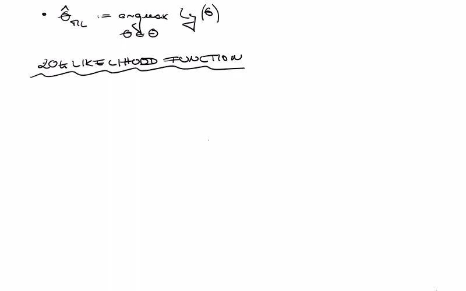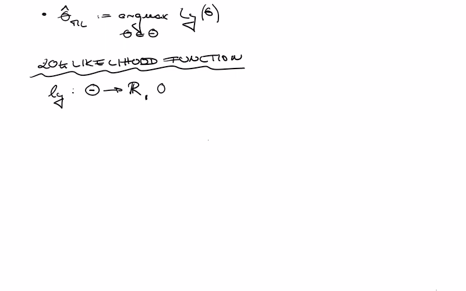And the log likelihood function is defined as follows. I use a small l for it. The likelihood function has a big L. It again takes parameter values in and returns real numbers, not only positive numbers, but also negative numbers.